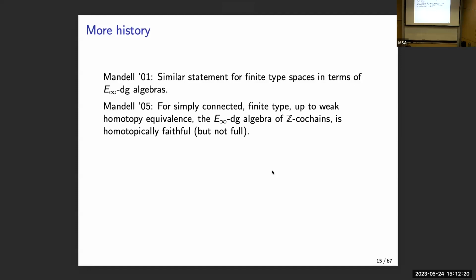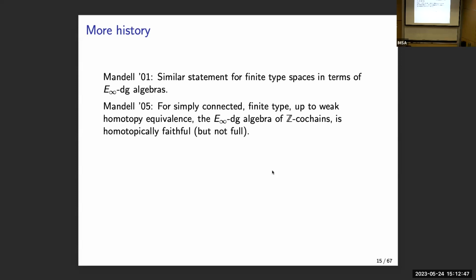Mandell also considered the integral version of the problem. And he proved that for simply connected finite type spaces, the DG algebra of integral cochains, considered as an E-infinity algebra, completely detects its homotopy type.